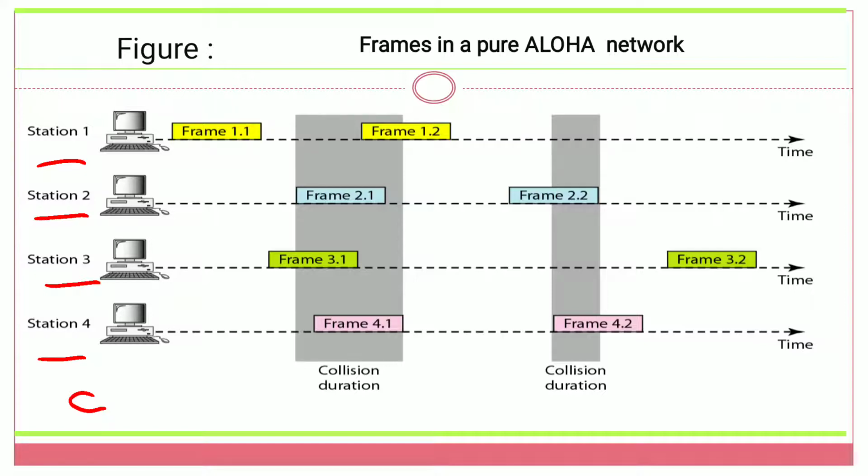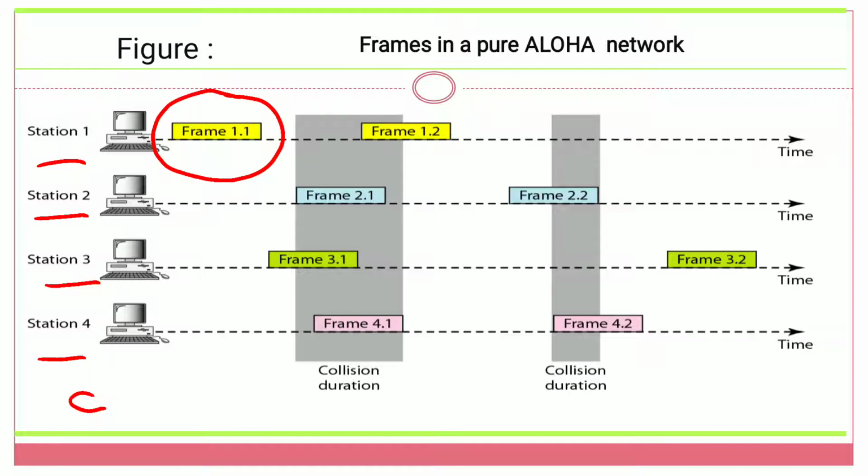As per the pure Aloha concept, any station can transmit data at any time. If it has data, it will start transmitting. If you observe the diagram here, station 1 starts transmitting the first frame, called frame 1.1.